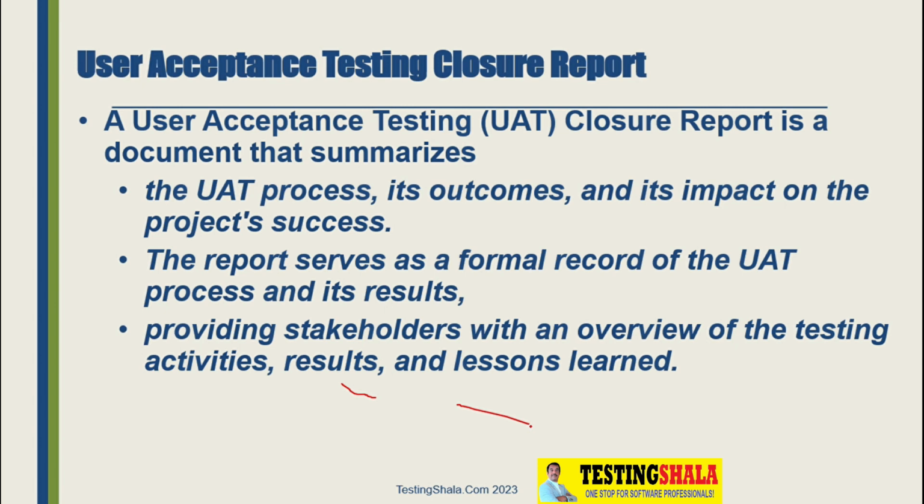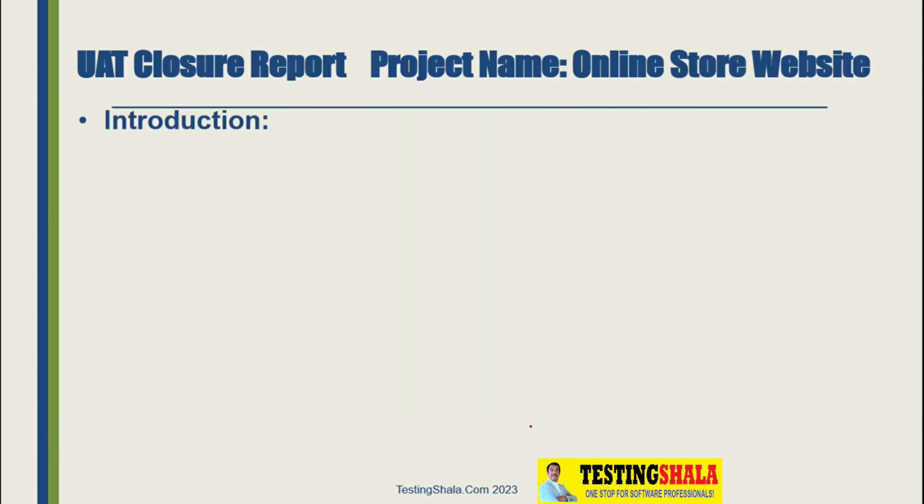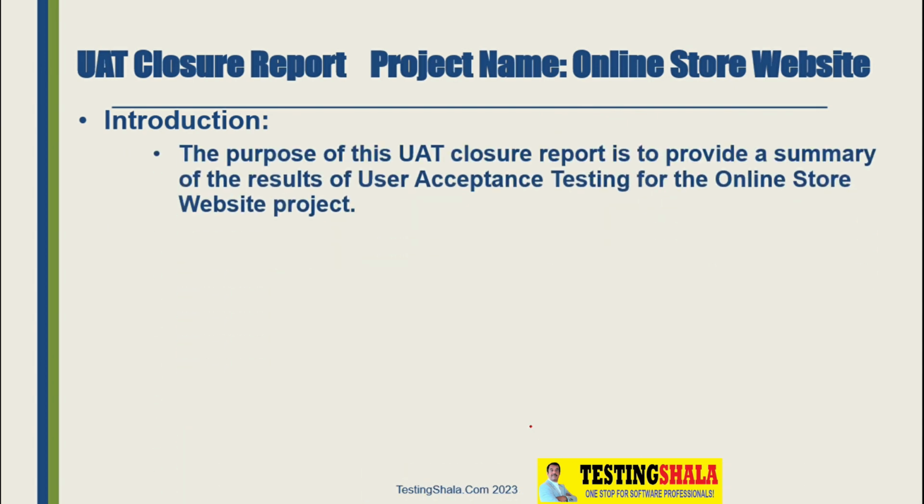Now we will see what the various parameters or content are as part of the test closure report of user acceptance testing. In the first place, we will have an introduction section. Here we are taking an example of writing a test closure report for an online store website.